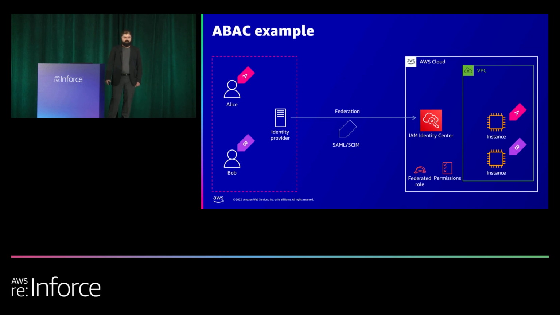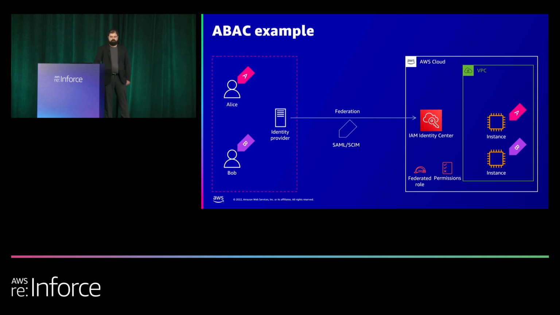And so just as a basic example of how ABAC works within AWS and with IAM Identity Center, Alice and Bob in this case have been SCIM provisioned into Identity Center with their department tags. Alice and Bob are able to authenticate into AWS using the same federated role. However, Alice and Bob receive different permissions, and those permissions depend on what attributes they're bringing into the account.